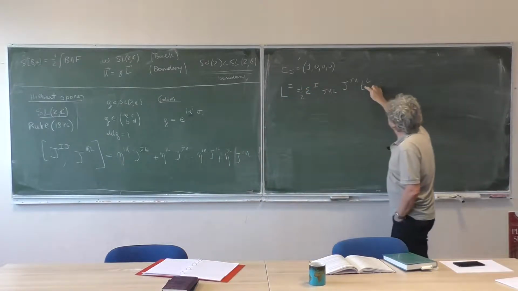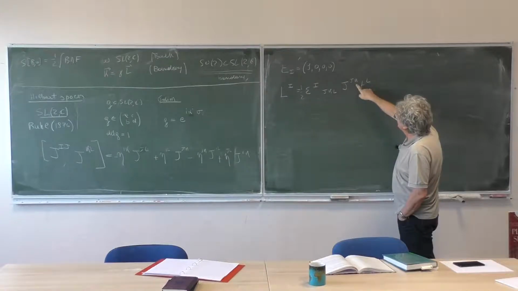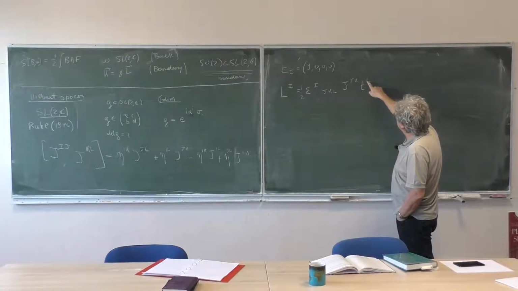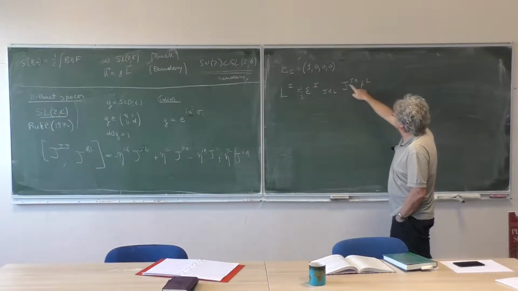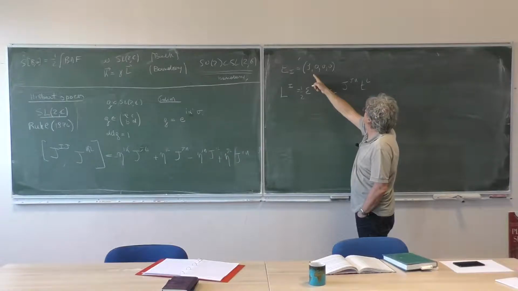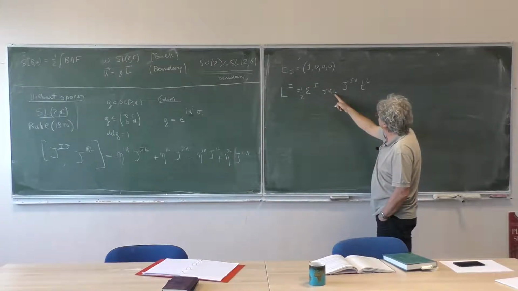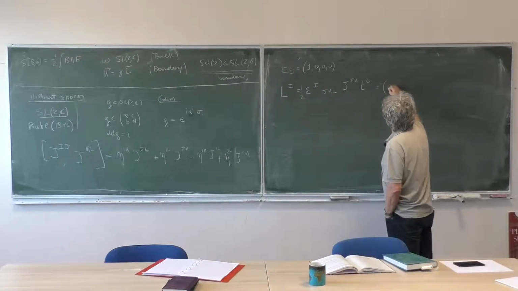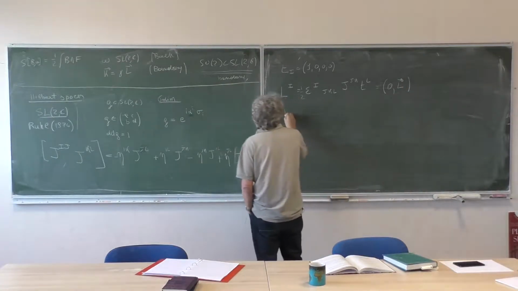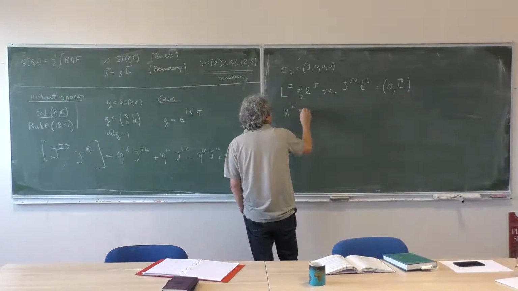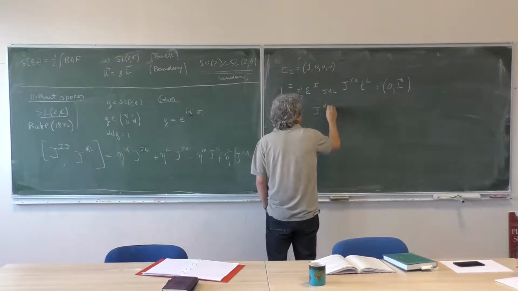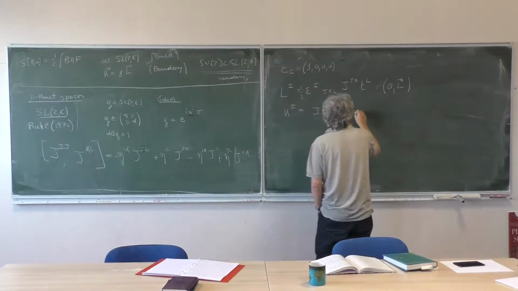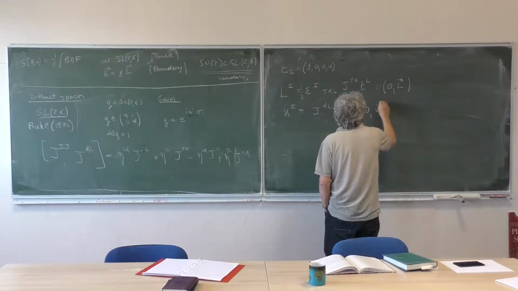If T has that form, this is only different from 0 when l is 0. So some vector L1, L2, L3, and its brother K_i, which is J_kl T_l, which is also a vector.